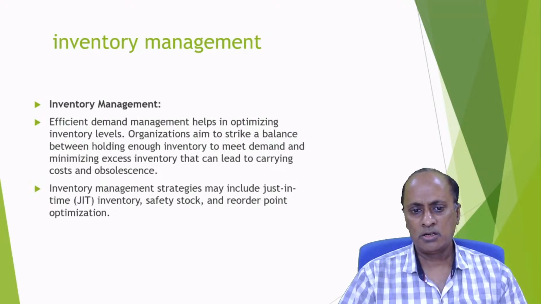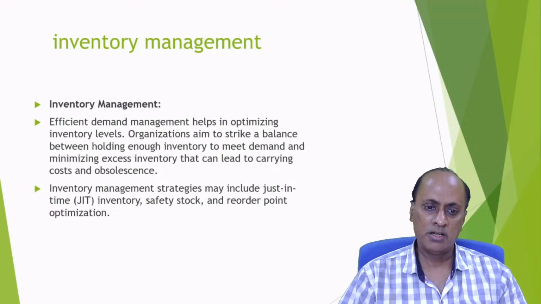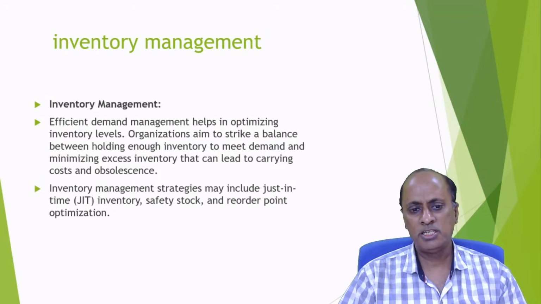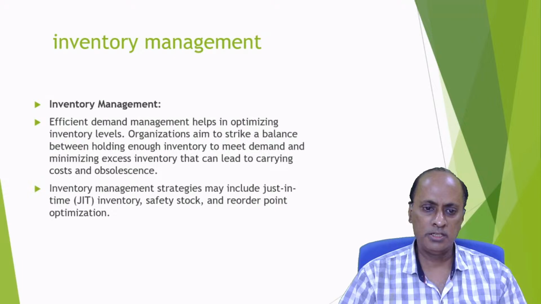Whenever an order comes, we should maintain a safety stock. Why does a company maintain safety stock? Because there may be some problems and hurdles in the supply chain. To overcome these problems, suppose there is a strike at the supplier's end, road blockages, or natural calamities.